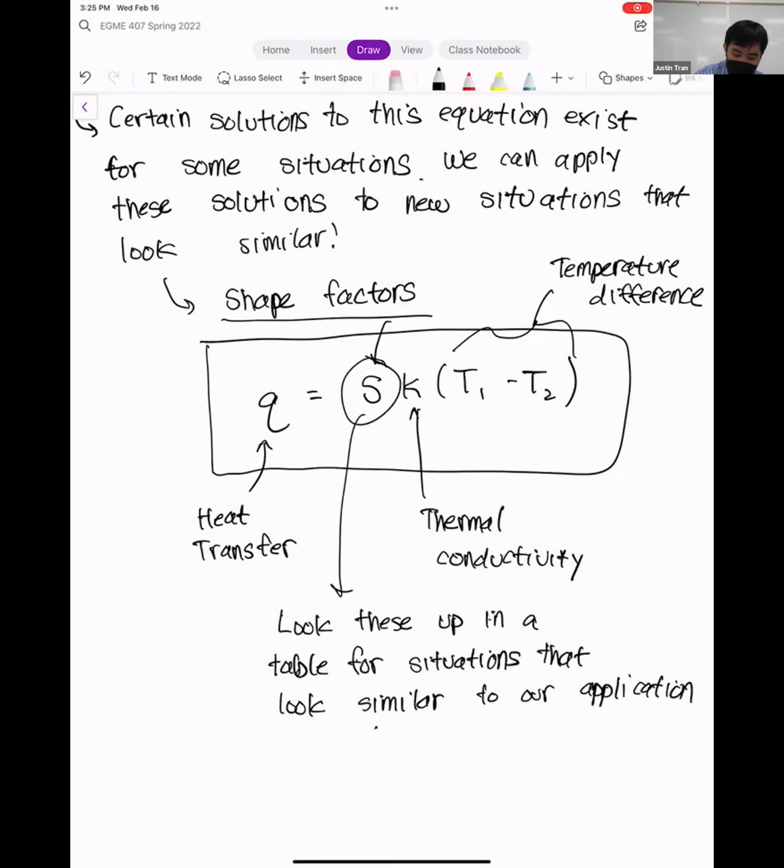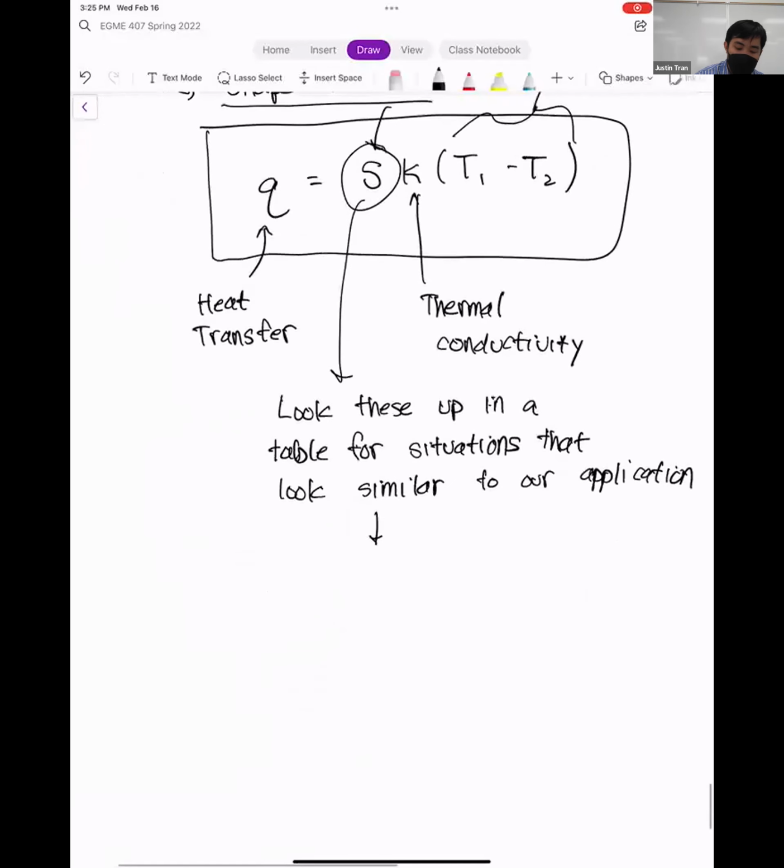The idea behind the shape factor is that you can almost think of it as a modifying factor that modifies the amount of heat transfer based on the 2D and 3D geometry.